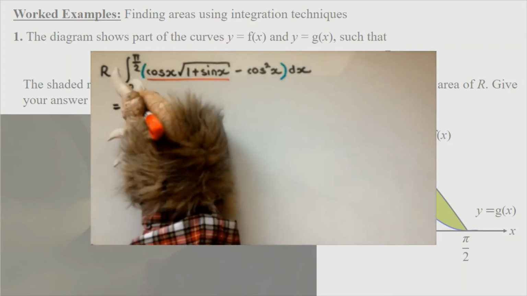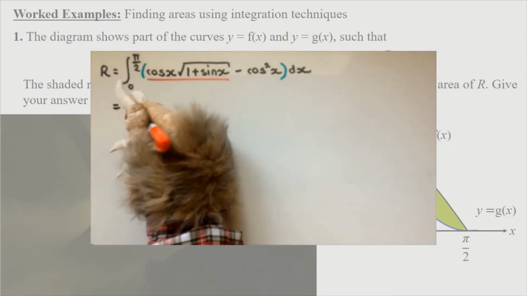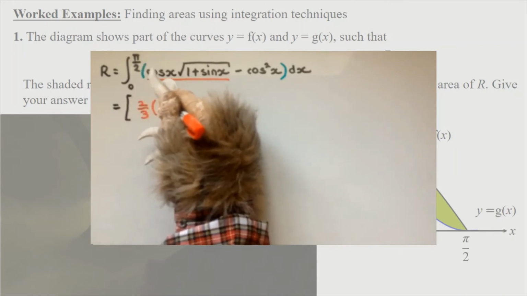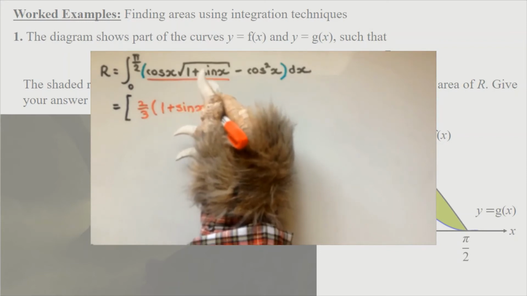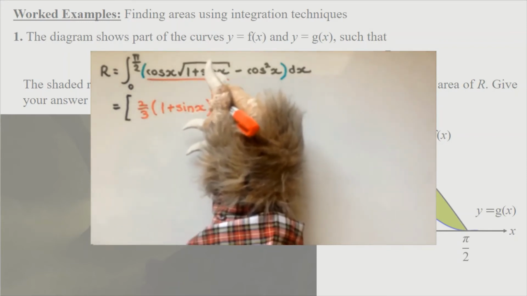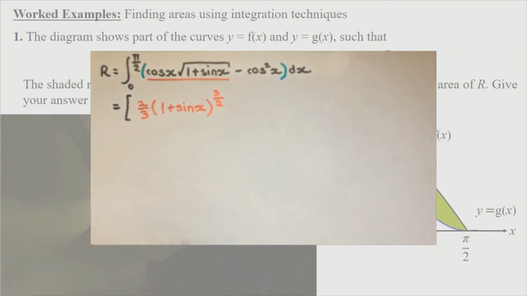It was 2/3 of 1 plus sine x to the power 3 over 2. And remember, I put a plus c in the previous video. We can dispense with that because definite integrals will make the constant cancel, so you don't need to put those in.